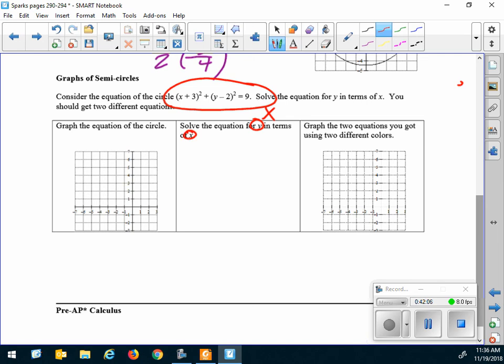Solve for x in terms of y. This is the very last one, but the last page isn't on here. We already had the graph of the circle, negative 3, 2, radius 3. Let me get this back in here because I erased it all. Let's solve that for x in terms of y. And again, that means make it say x equals.